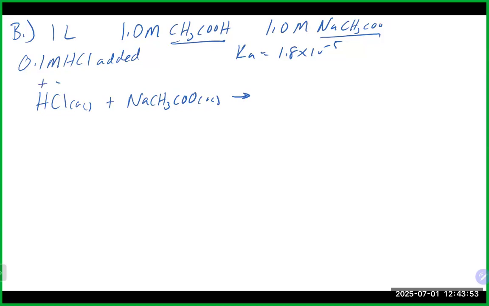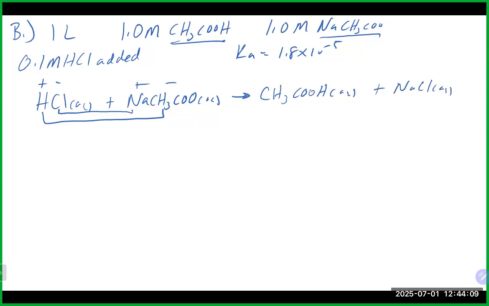This is a double displacement reaction where these guys switch partners, and that gets me some acetic acid and some sodium chloride in this particular case. I think I'm going to erase my lines there.